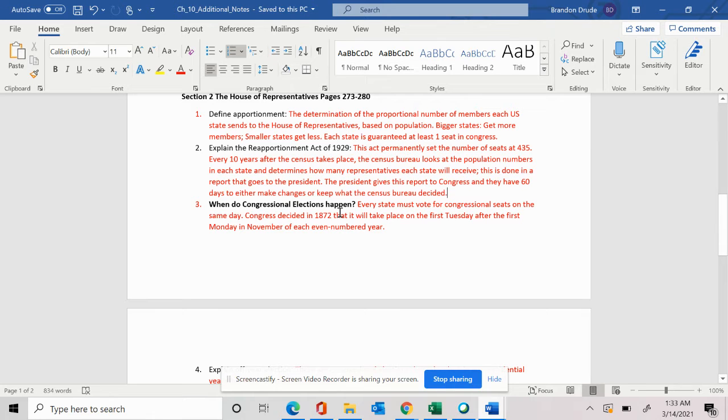So just know that congressional elections happen every even year, on the first Tuesday after the first Monday. So basically the first Tuesday of November, but it has to make sure it's after the first Monday. That's when elections happen for congressional elections.